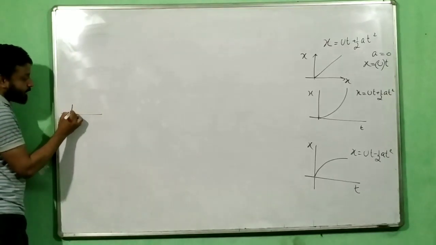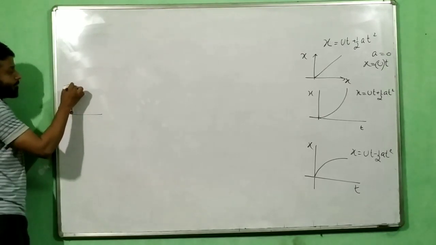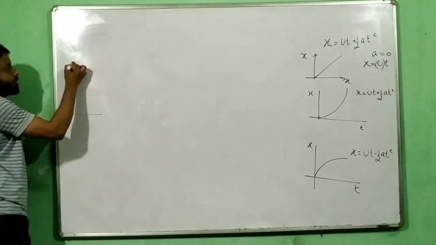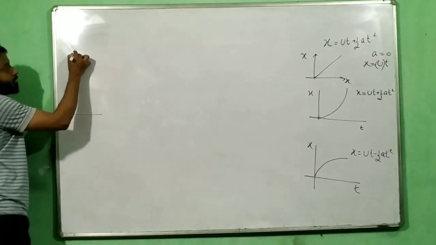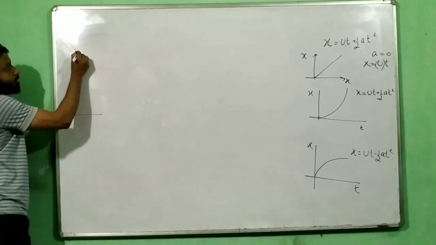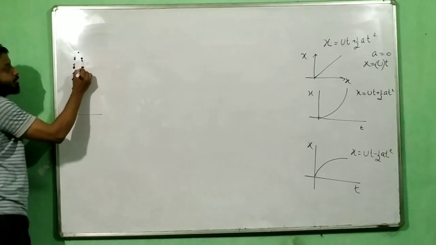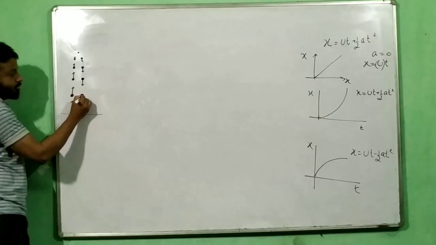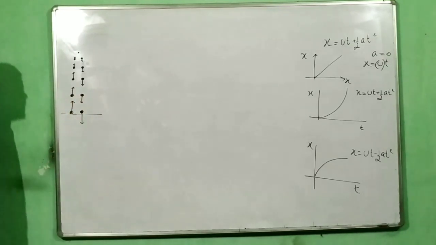Now, if I draw the direction of velocity, this is what happens, correct?